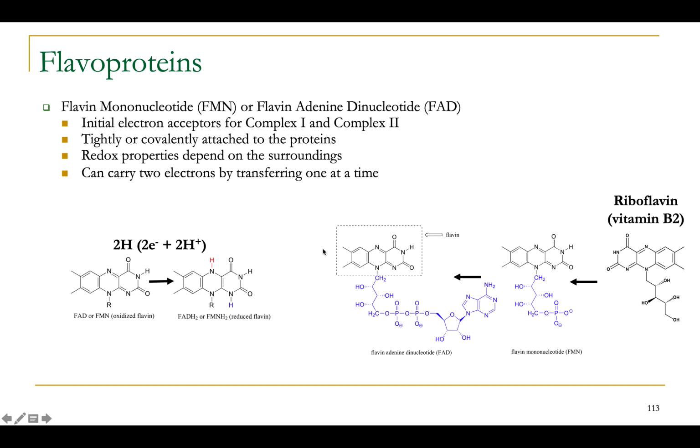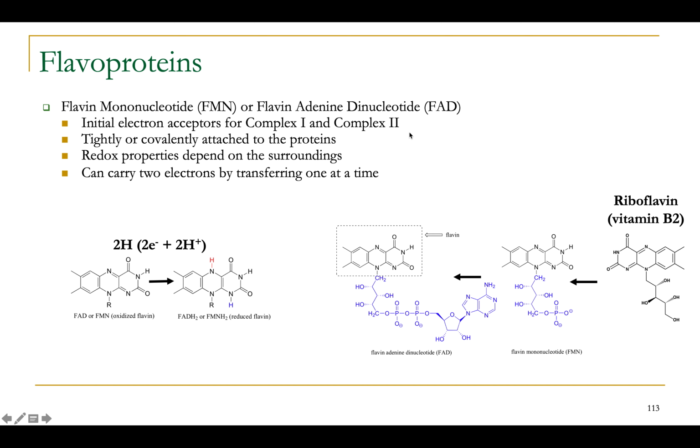As an interesting fact, the generation of flavoproteins in our body is dependent on dietary supplementation with riboflavin, which is also known as vitamin B2. So the respective electron carriers, FMN and FAD, are generated from riboflavin through a series of small modifications.